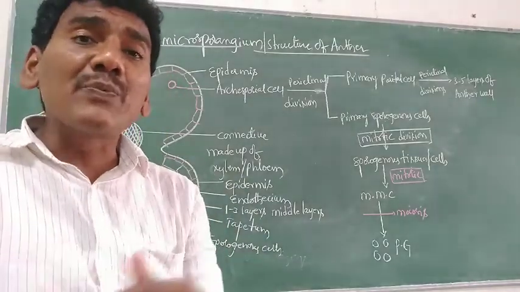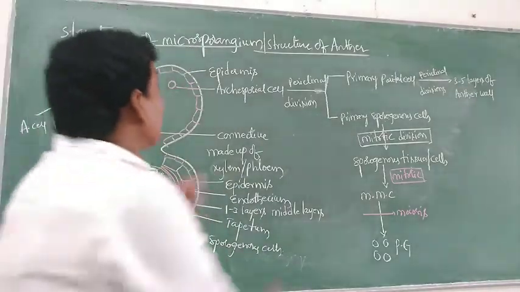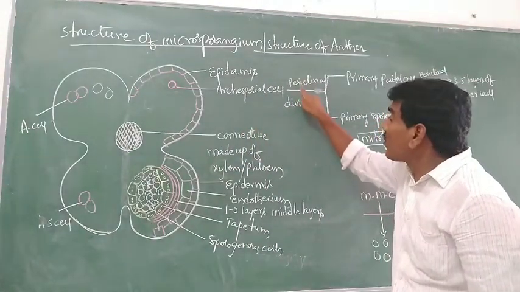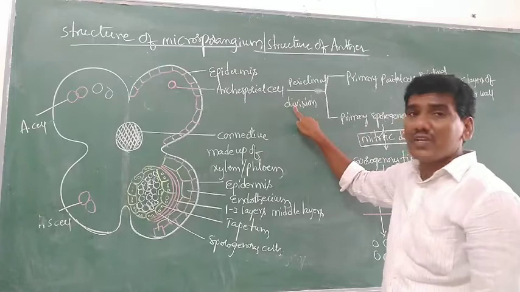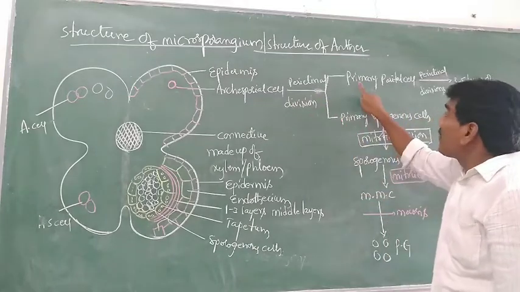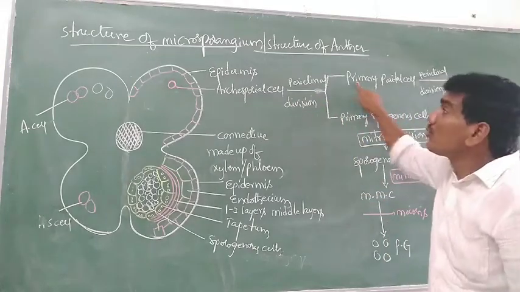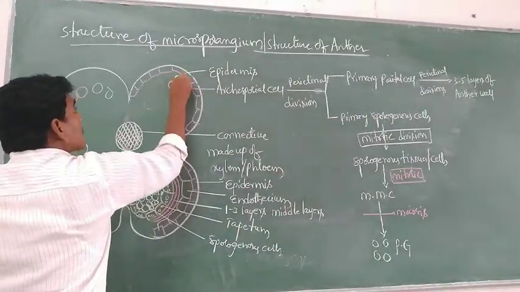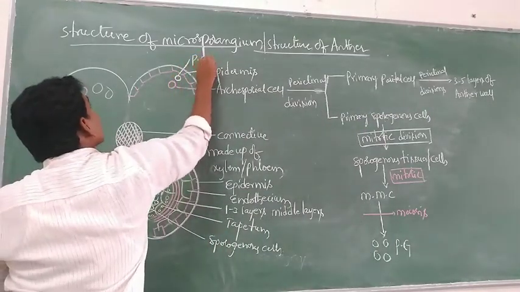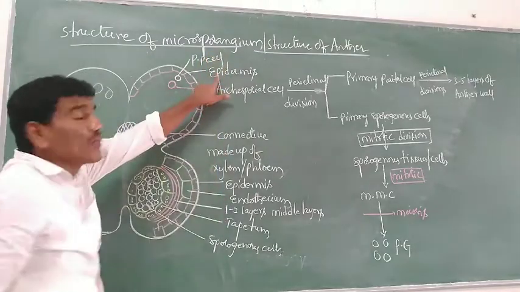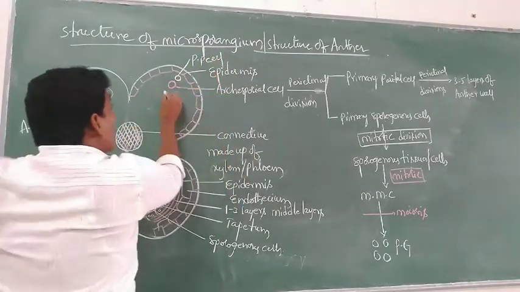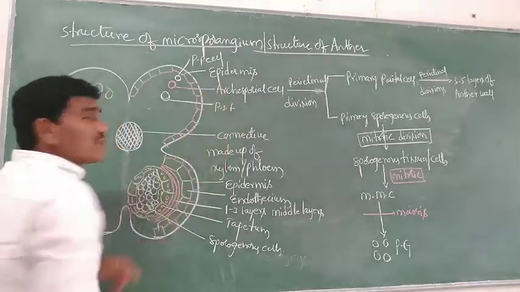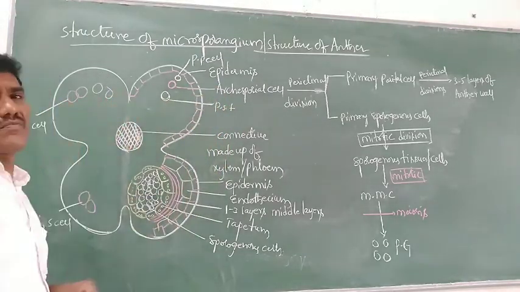Later, the archesporial cells undergo periclinal division to form the primary parietal cell towards the epidermis and the primary sporogenous tissue towards the center.